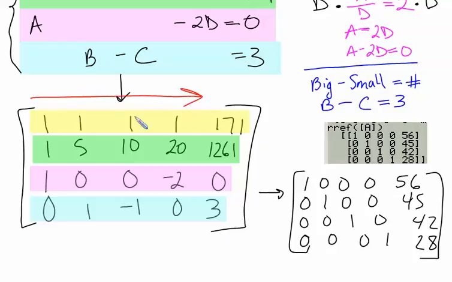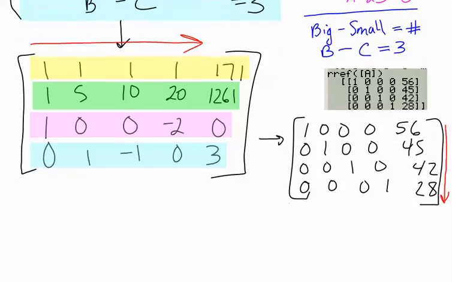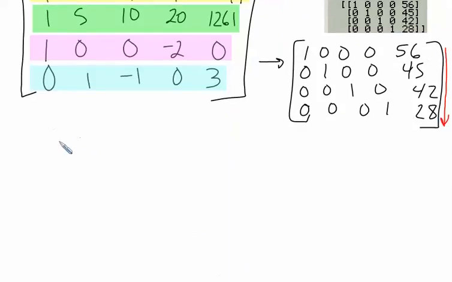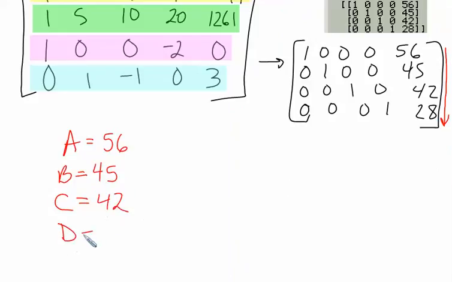Whatever order you put the variables in from left to right on the input, that's the same order they will come out vertically on the output. In other words, here our answers would be that A is 56, B is 45, C is 42, and D is 28. But we're not done.